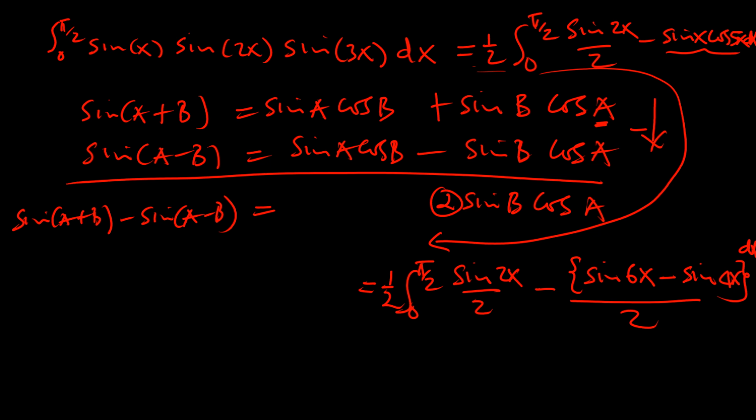And we can pull the half out, so we have a quarter, and we have sine 2x minus sine 6x plus sine 4x dx. Okay. Let's keep going.